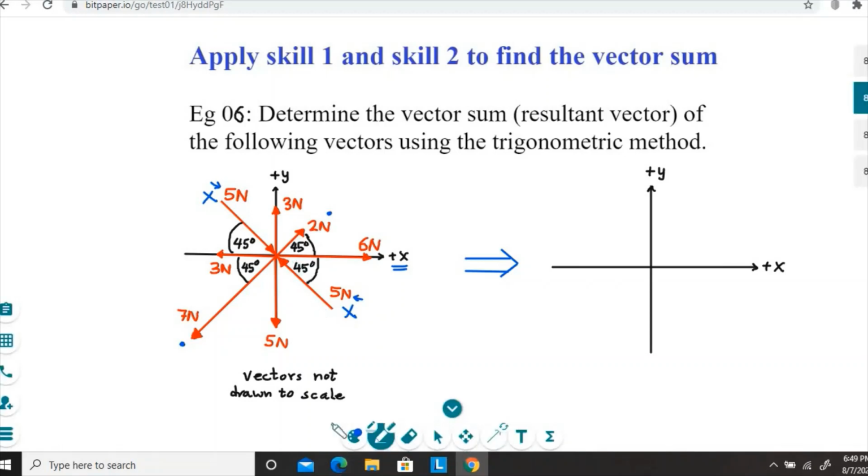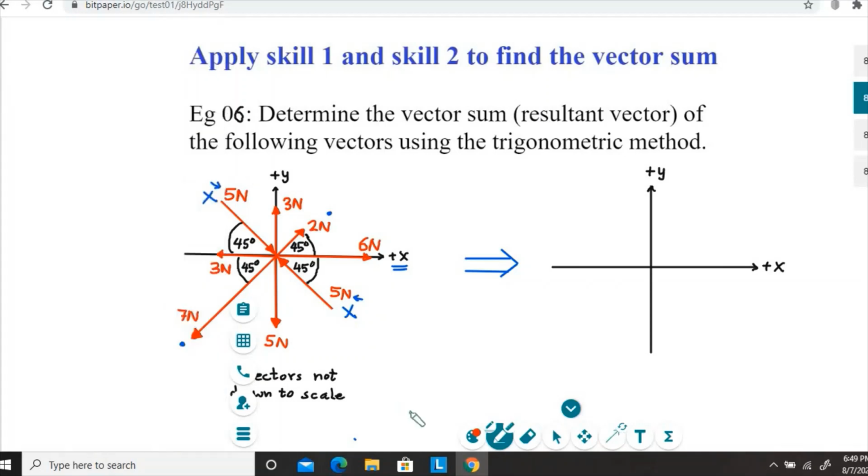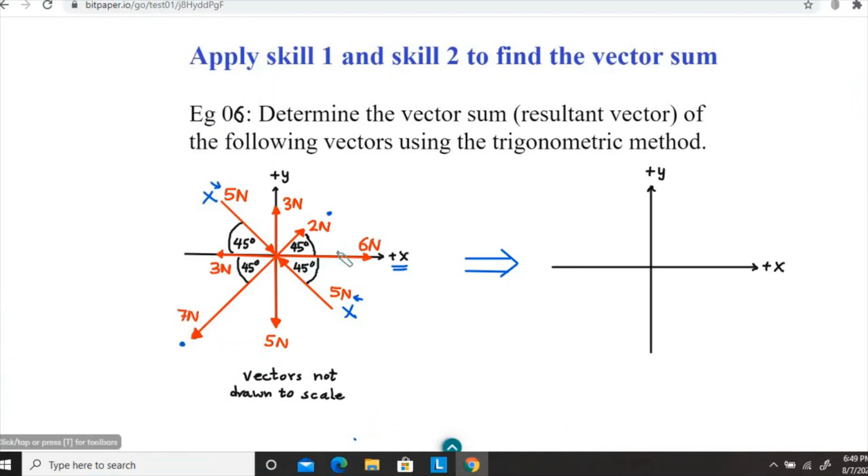So let me draw those 3 vectors now. We have firstly the horizontal vectors. We have a 3 Newton force to the right because the rest cancels out, and I'm going to represent that by this arrow. So that is the 3 Newton force. And then vertically we have 2 Newtons in the downward direction, like this.